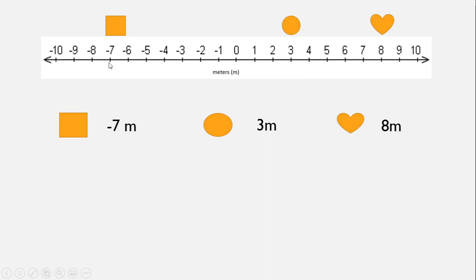On the circle, it's 3 meters from 0, and the heart is 8 meters from 0. So pretty straightforward. You're just looking at how far an object is from where it began, and that's your displacement.